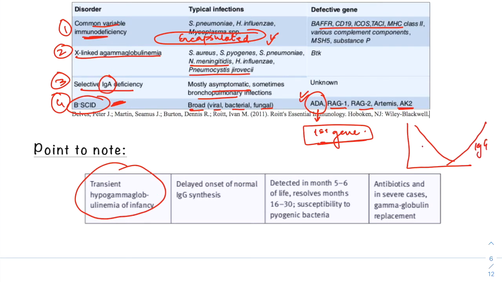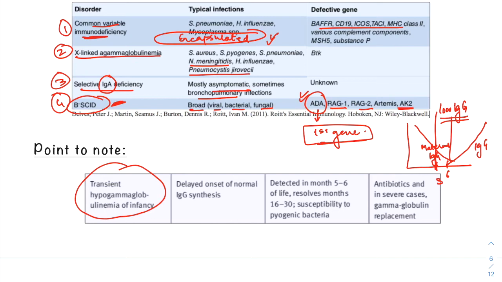The maternal IgG levels that have been given by the mother start decreasing by around 6 months of age. So this 3 to 6 months is actually a period in which there are low levels of IgG in the baby's serum, right?